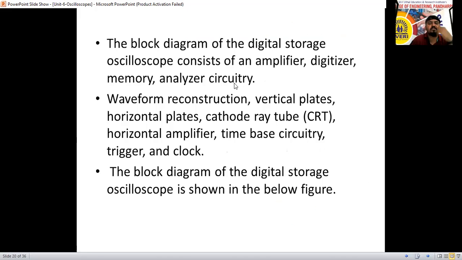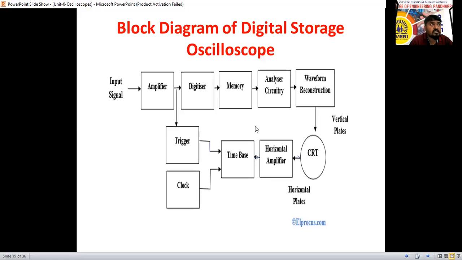Next, the block diagram of the digital storage oscilloscope consists of an amplifier, digitizer, memory and analyzer. The amplifier amplifies the signal, the digitizer converts analog to digital, the memory stores the signal, and the analyzer analyzes the circuits.